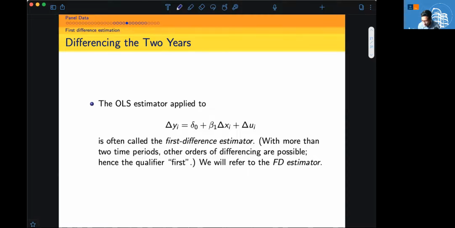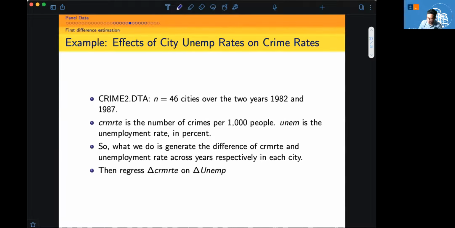With more than 2 time periods, other orders of differencing are actually possible. Hence, we want to name this particular strategy first differencing instead of second order differencing, and the result is the first difference estimator.